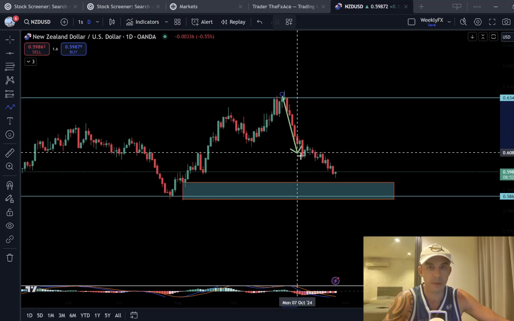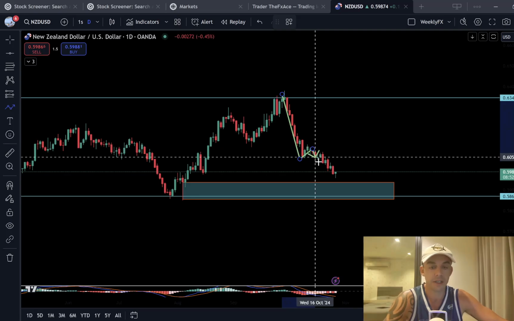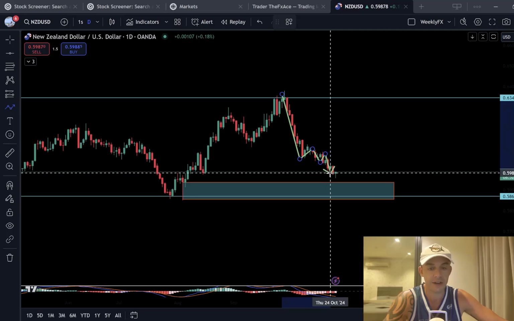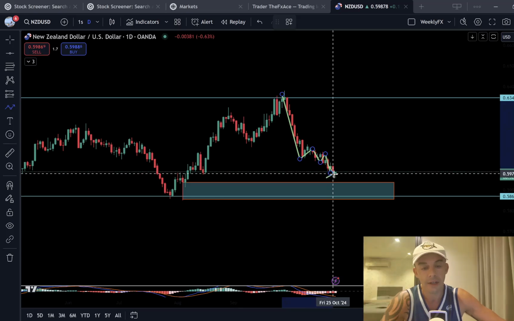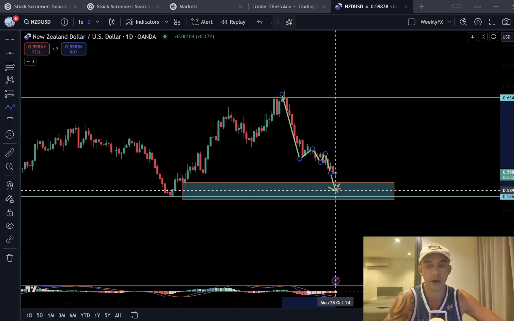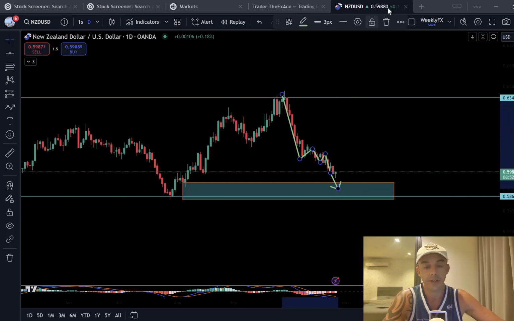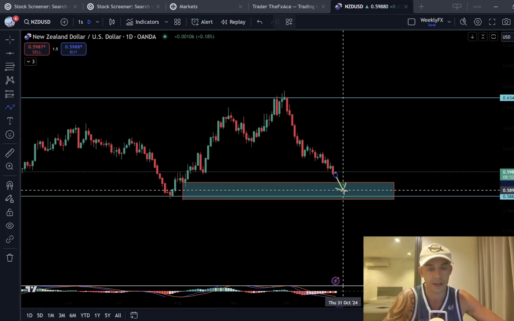You can see the momentum in those candles, and as it gets past the 50% mark of the range and approaches the bottom of the range, the candles start to trickle out. We get one sell candle, one buy candle, one sell candle. That is just indicating a slowing of momentum as we approach a key higher time frame area. So what could happen here is one last move to the bottom, down towards 59.